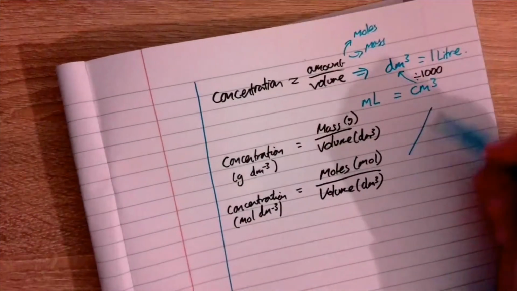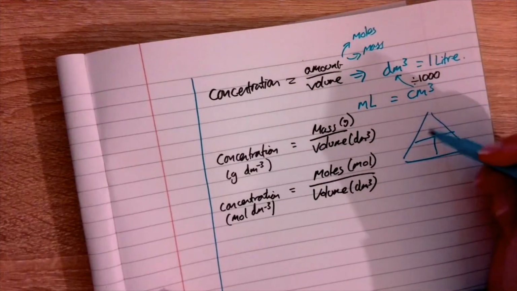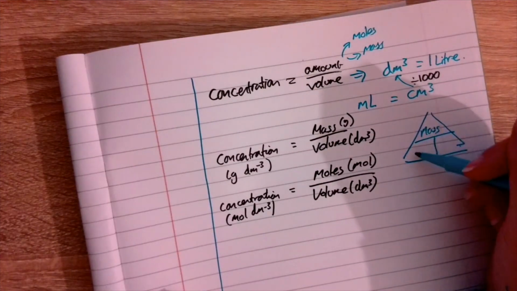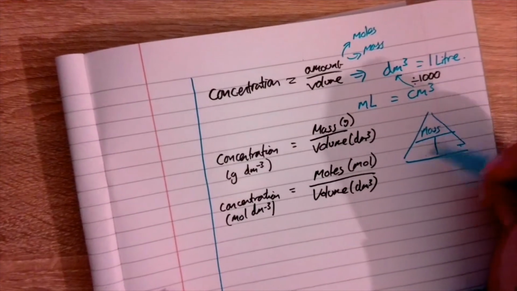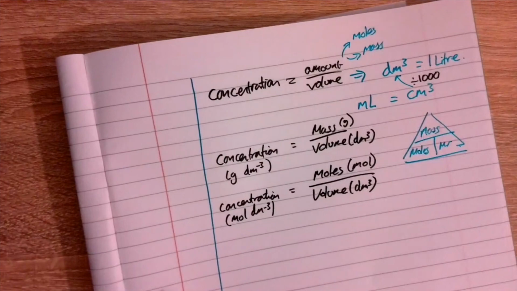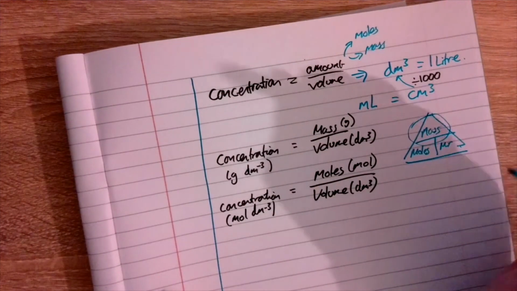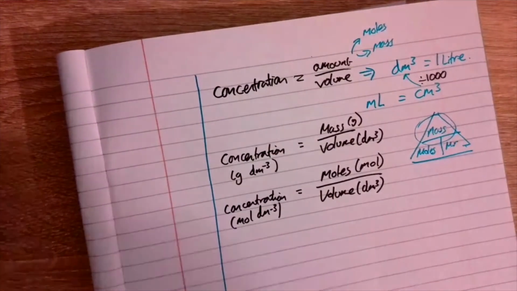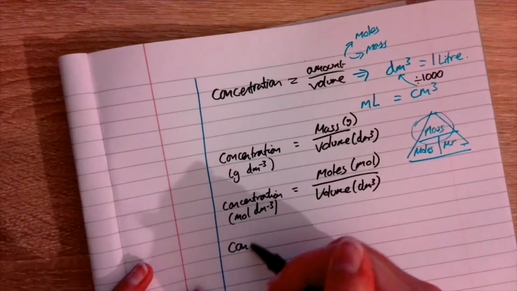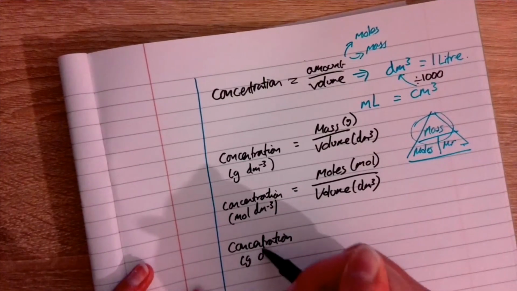However, we can also use that triangle we just looked at in order to link these two concentration equations together. So our mass, our moles, and our MR. What this is saying is that our mass is equal to our moles times our MR. So I can substitute that into my concentration equation in terms of mass.